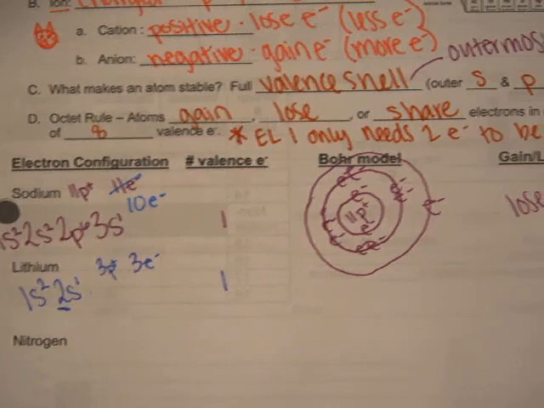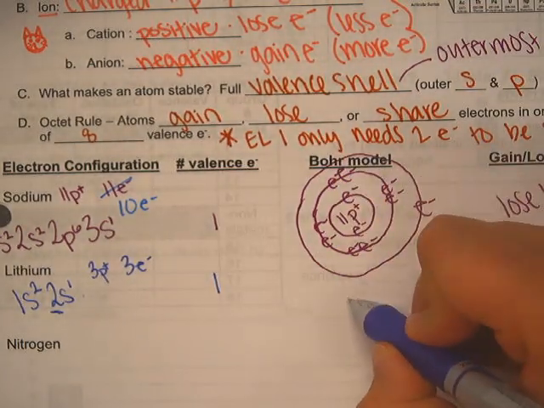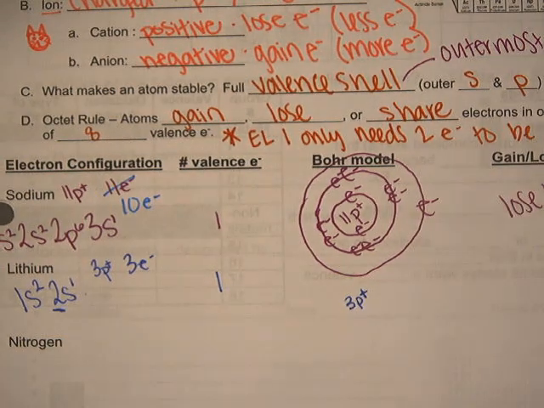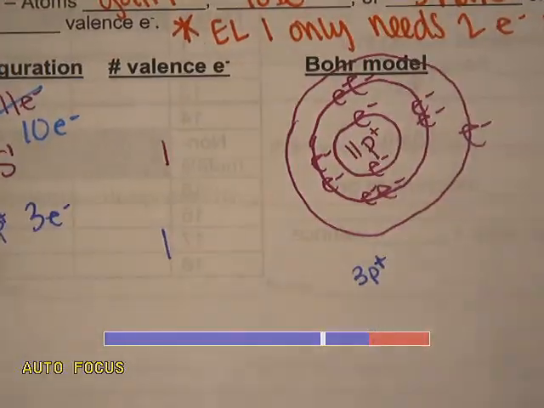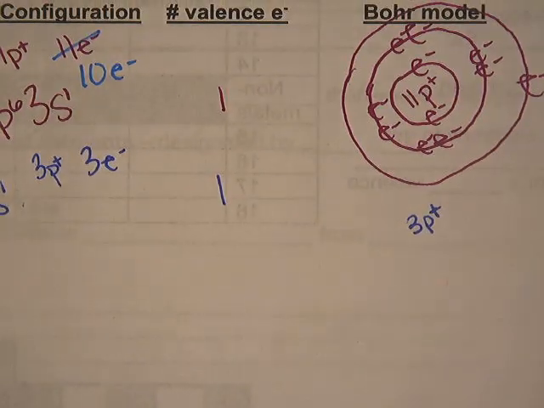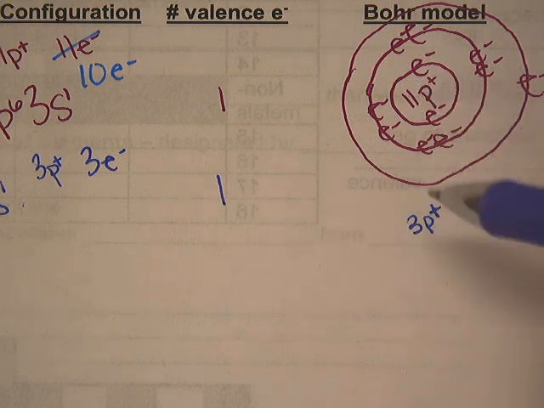The Bohr model for lithium would have 3 protons in the nucleus. It would also have some number of neutrons, but if we don't have a mass number, we have no way of knowing how many neutrons, so we're just going to skip that part because it also doesn't matter for this part.